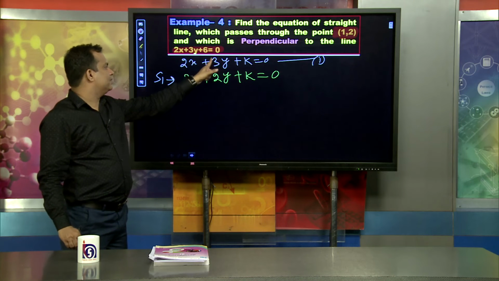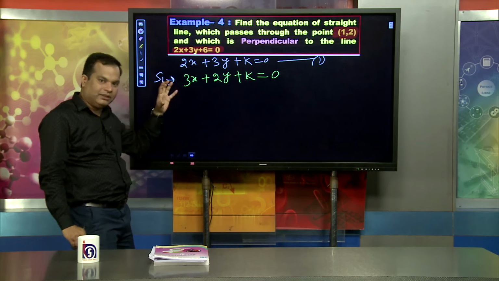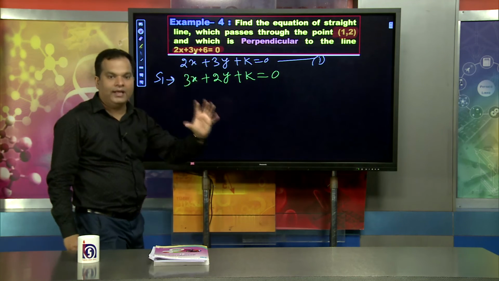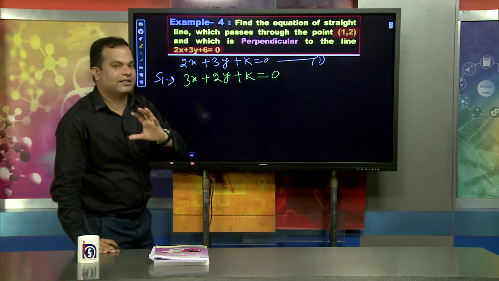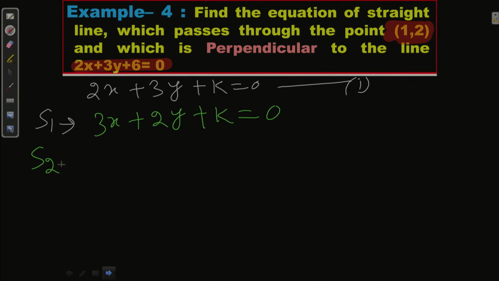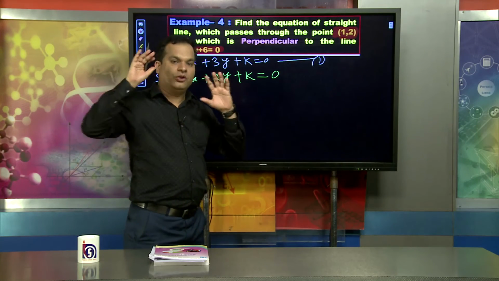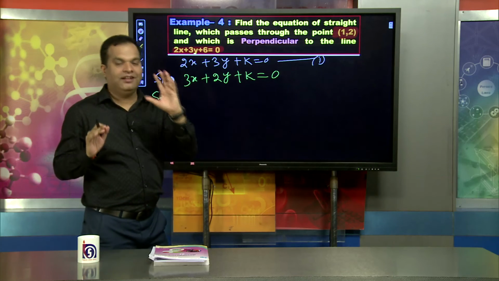The coefficient of y was 3, now it becomes the coefficient of x. That means the coefficients of x and y have been interchanged. This is step 1. Step 2 is that we have to change one of the signs, not two signs. That is the second condition.